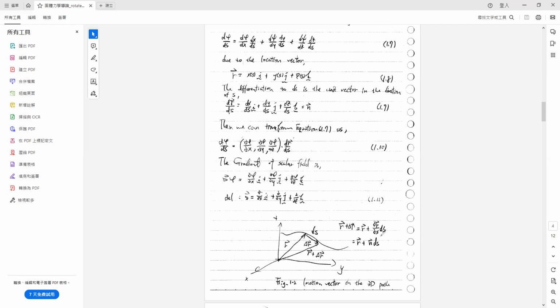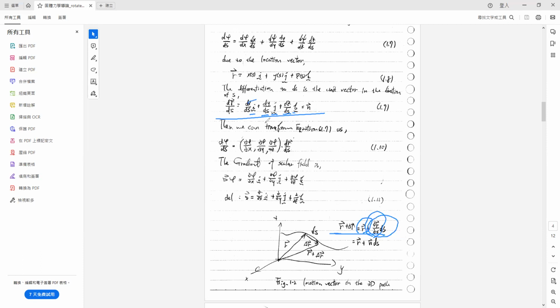Okay, so we develop the vector r plus delta vector r. It equals vector r plus delta vector r over delta s times ds. And we can describe delta r over delta s as dx/ds dot i plus dy/ds dot j plus dz/ds dot k.